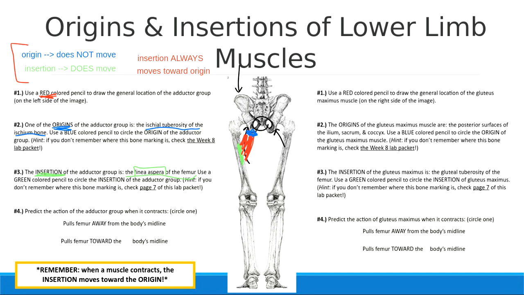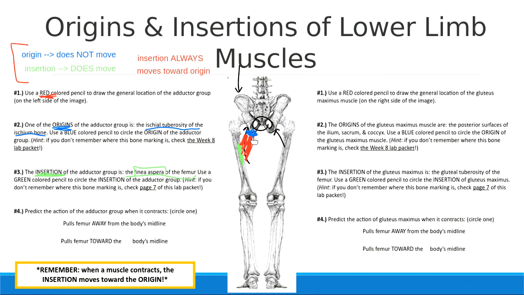Now, remember, anytime a muscle contracts, it always moves its insertion toward its origin. So what we've just drawn on our skeleton is the insertion and the origin of the muscle. We've labeled them in different colors.